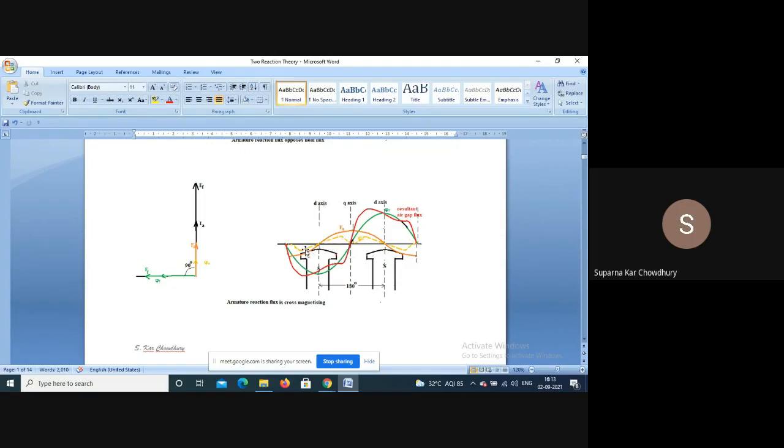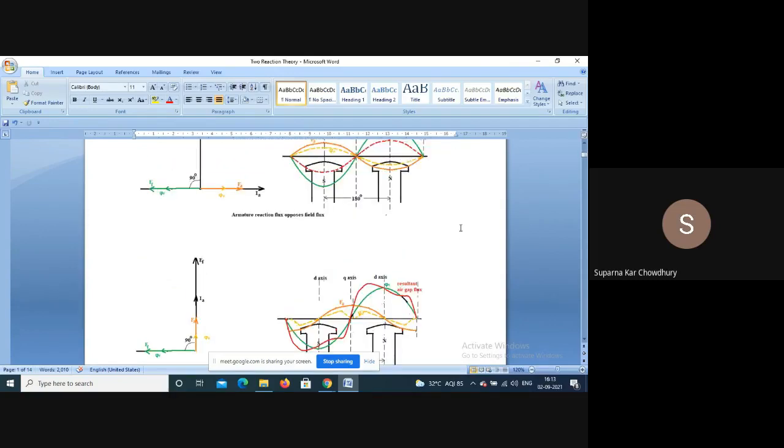So in the polar region, from this point to this point, the flux will follow more or less the MMF wave. In the interpolar region, it is very small, and again it will follow the MMF wave. So the effect is that it is highly distorted. The resultant flux will be the summation of the field flux and the armature reaction flux, so the resultant flux will be highly distorted.